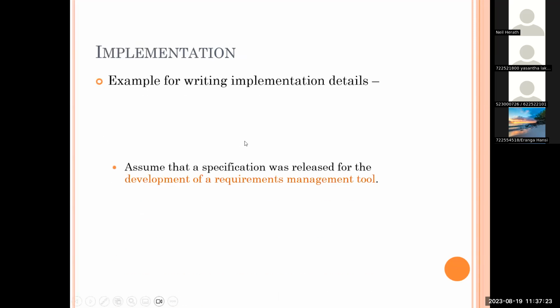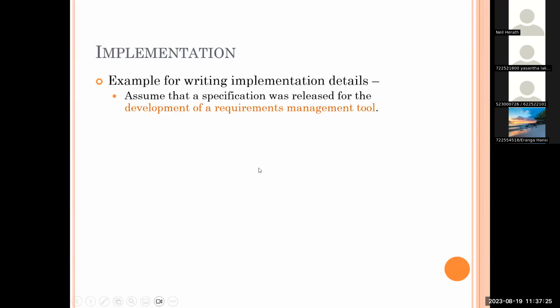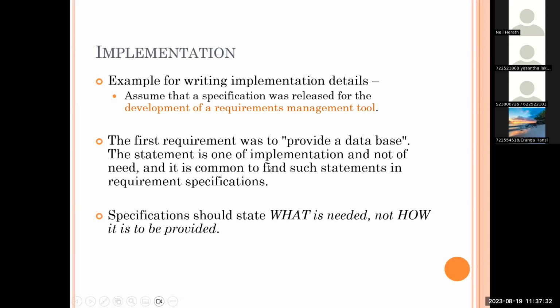This is an example for writing implementation details. So assume that the specification was written for development of a requirement management tool. Now as I said, provide the database is one of the implementation details. So don't write that provide the database.